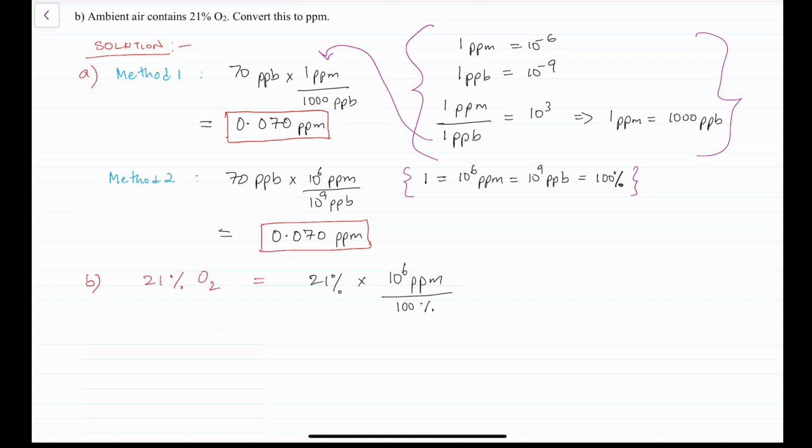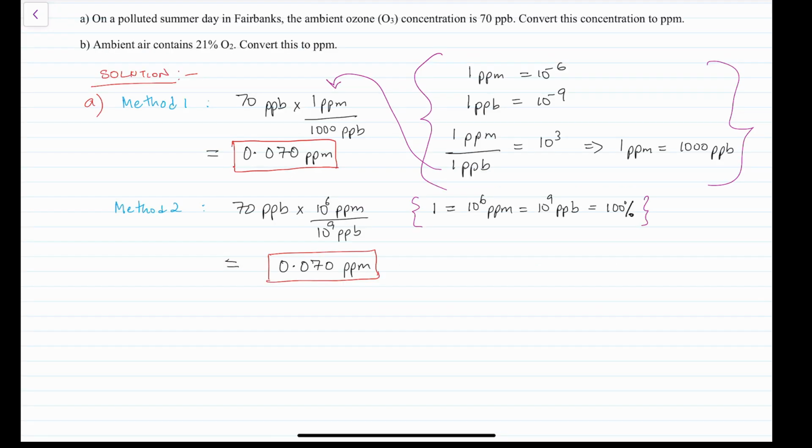They're both 1, we know from here. And so what does that give you? About 210,000 ppm.